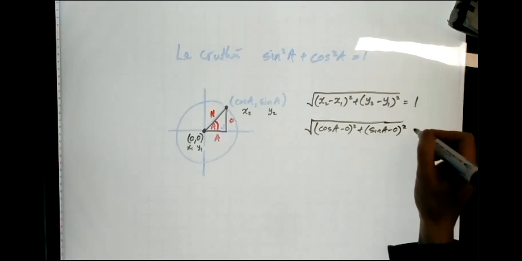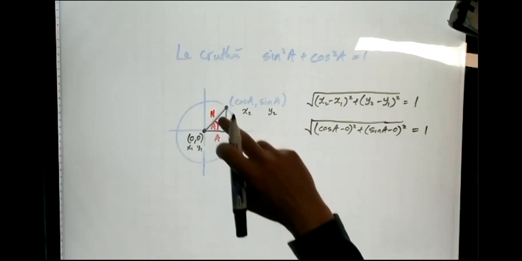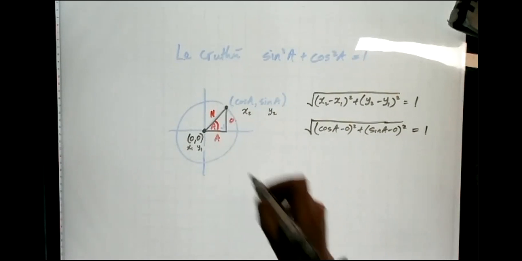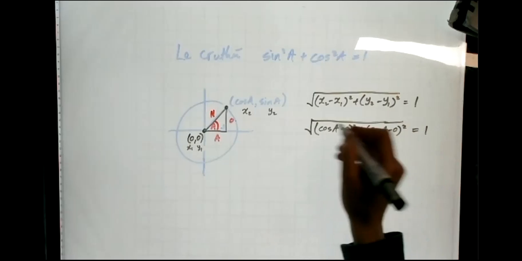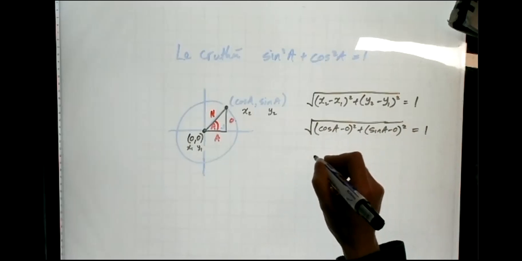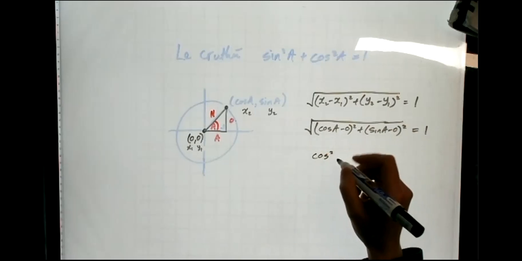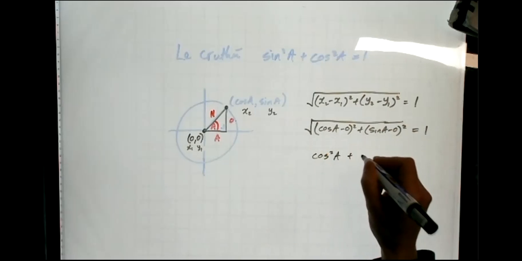As we get the hypotenuse, obviously this is one, because the unit circle is equal to one. We wait to get cos squared A plus sine squared A.